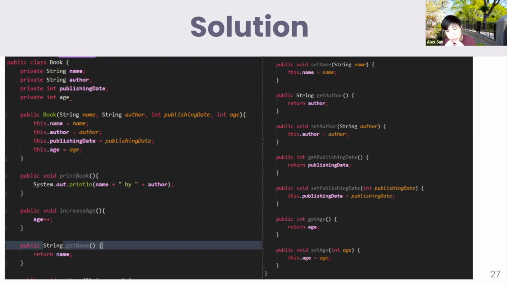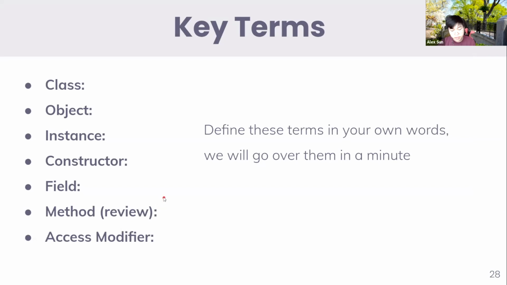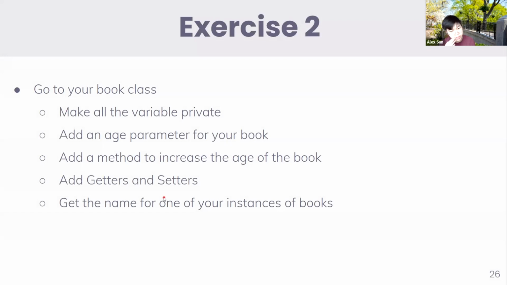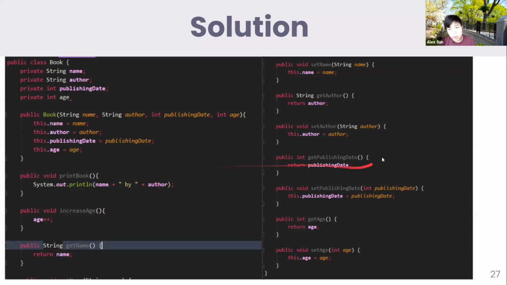Okay, so using the constructor that I created, that we have right here, let's say we make this new Dr. Seuss book, like how we do in chat, right? How do we get the name for one of our instances of the book? Remember how when our variables are not private, when they're public or package private by default, we can just do Dr. Seuss dot name.